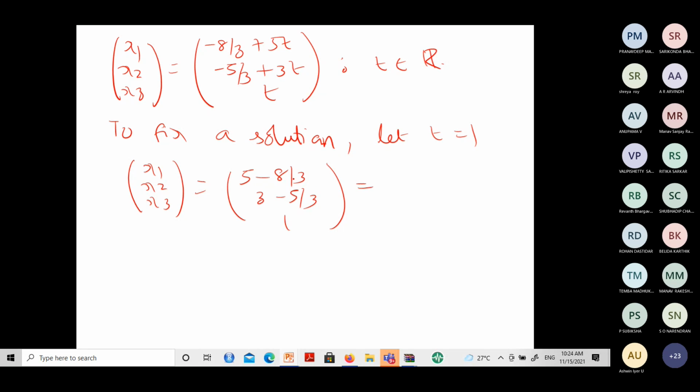What is 5 minus 8 by 3? 7 by 3, 4 by 3, 1. So this is one solution which is closest to satisfying Ax equal to b. If you change the value of t, accordingly you will get infinitely many solutions. So this is one least square solution.